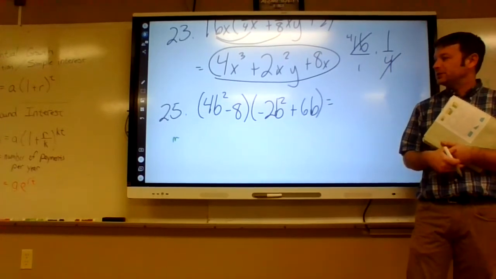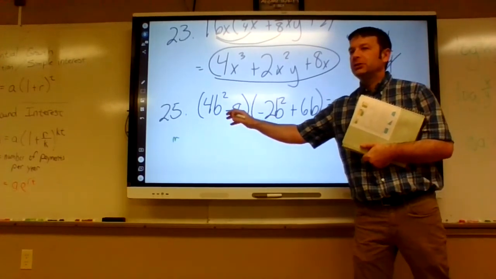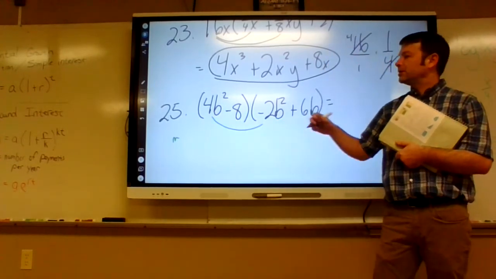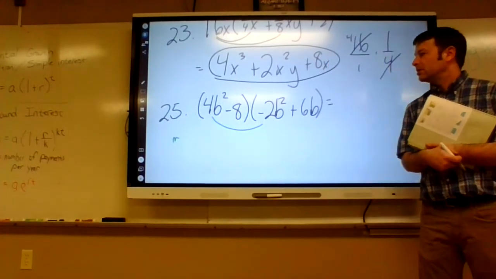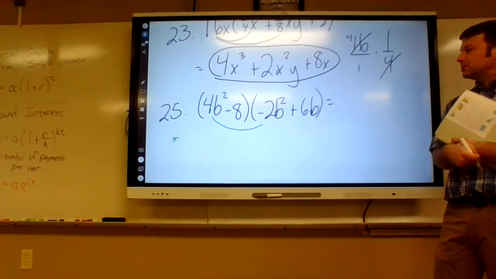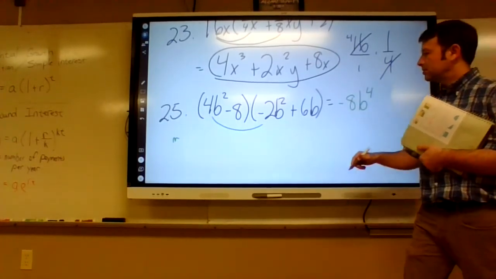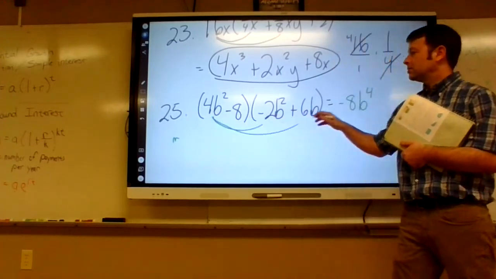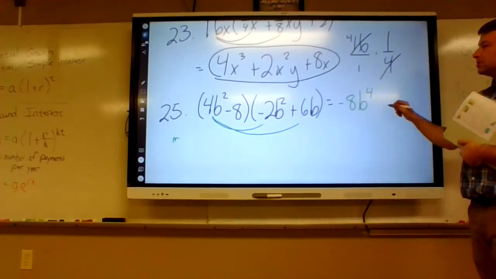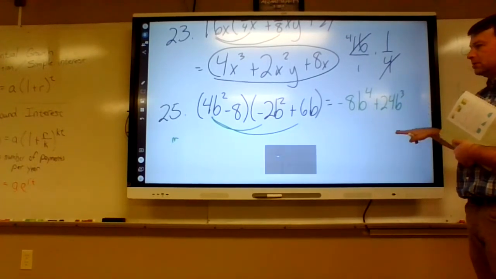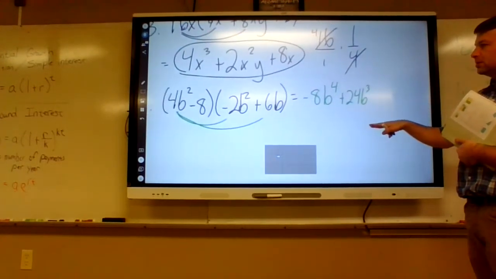So 4b squared. Girls? Go ahead. We should multiply 4b squared out to the negative 2b squared to get negative 8b to the 4. And then we multiply it to 6b to get 24b to the 3. And then we do the same for negative 8.